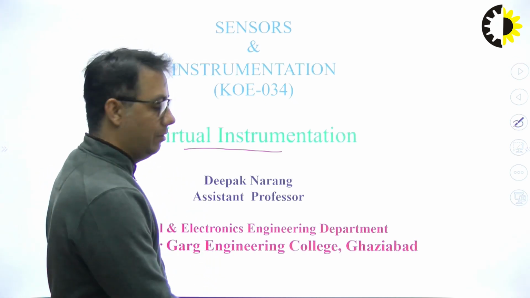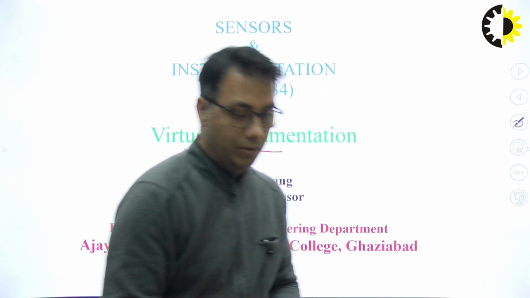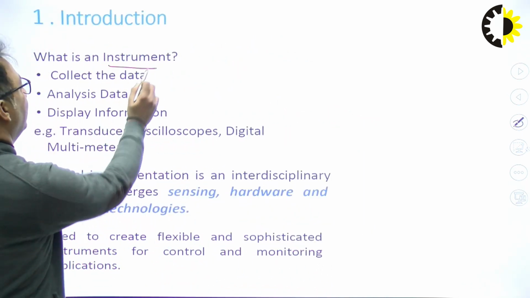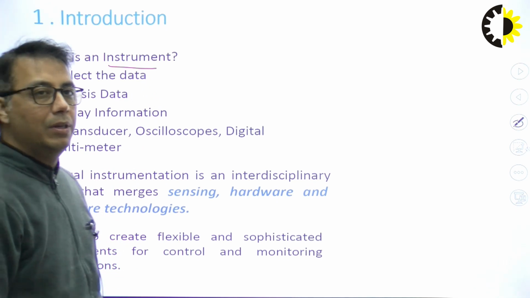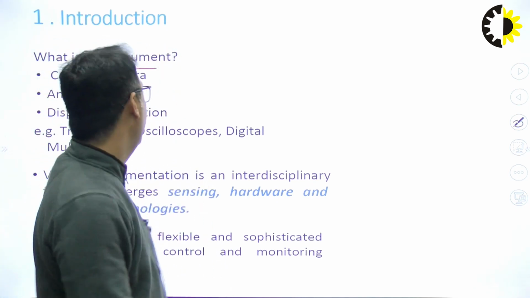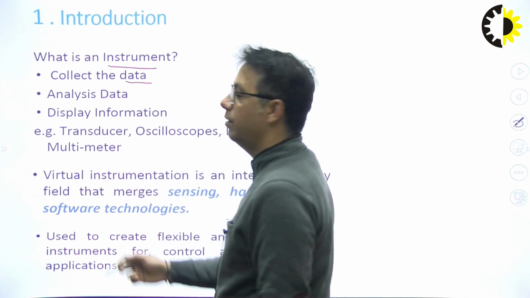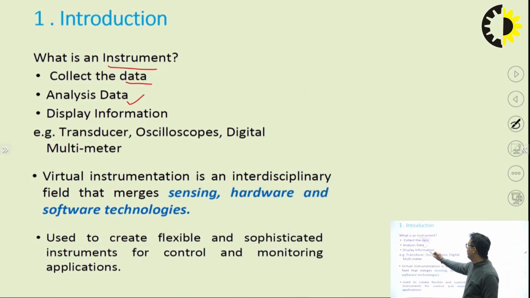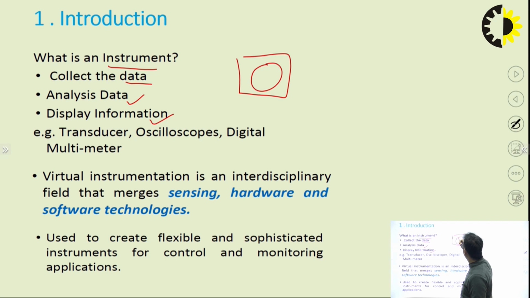So starting with the definition of instrument. As we know, an instrument is generally a device which is used to collect the data or analyze the data and to display information, like a small voltmeter which shows the reading.